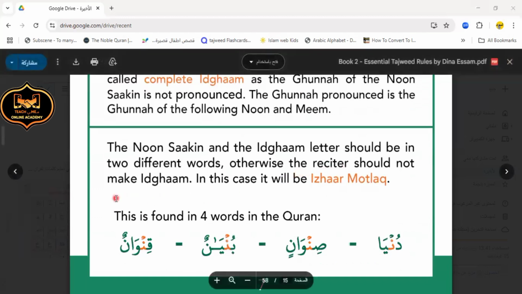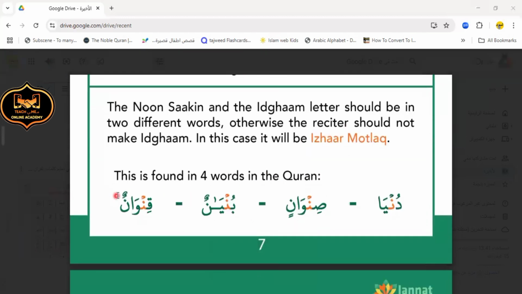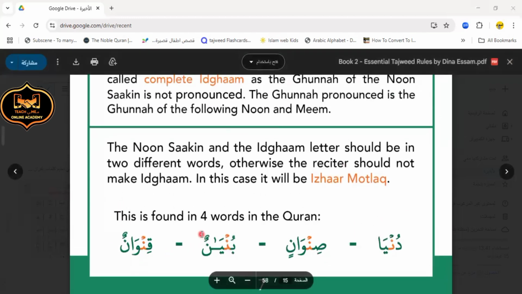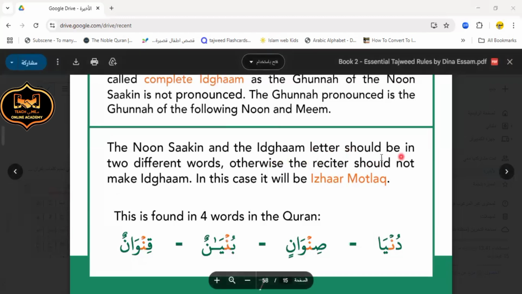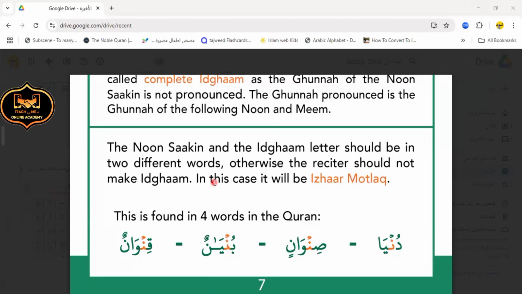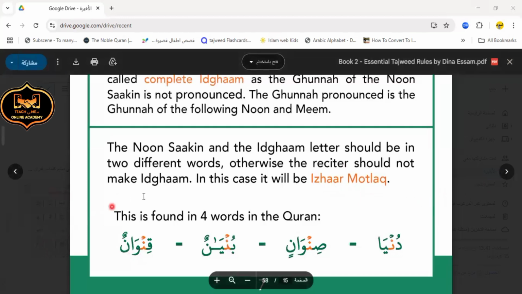Okay, let's talk about this point also. The noon sakina and the idgham letters should be in different words. I talked about this point in the beginning of the video. Otherwise, the reciter should not make idgham in this case. It will be idhar mutlaq.